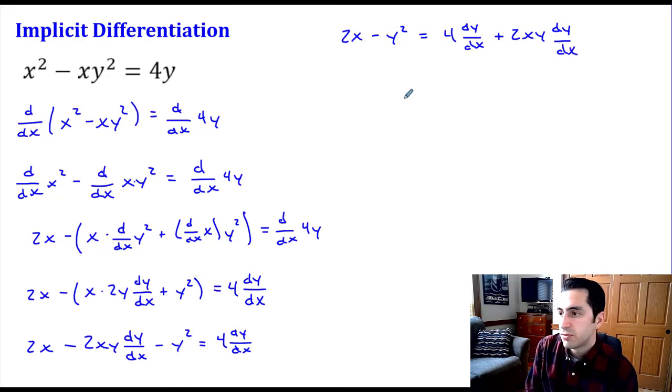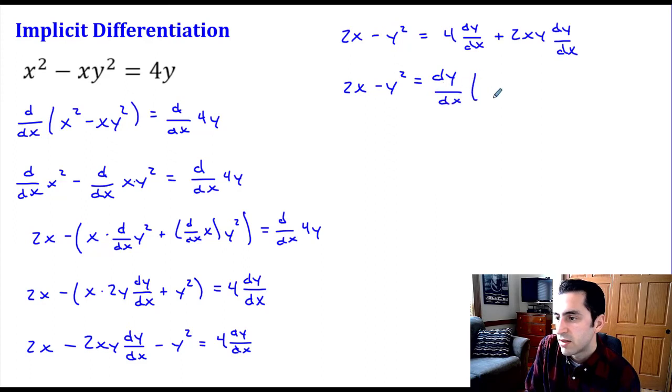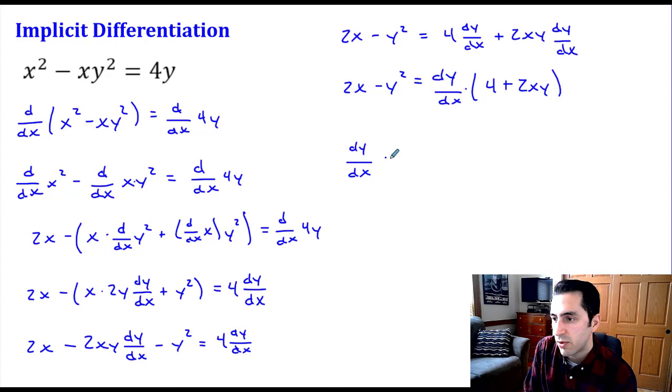On the right-hand side of this equation, both of these terms have a dy over dx, so let's factor that out. We have dy over dx times 4 plus 2xy. The last step, to get dy over dx all by itself, is to divide both sides by 4 plus 2xy.